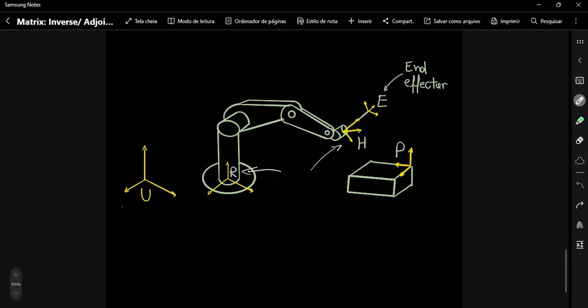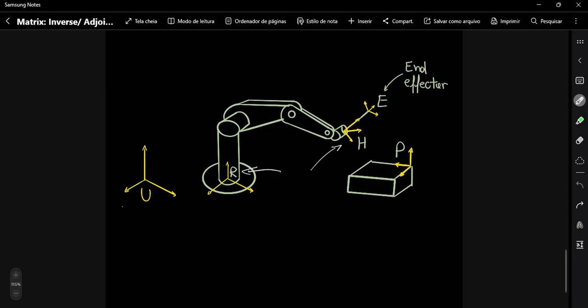Based on a text which is given to us, we interpret this text, and this way we have to be able to write the transformation equation that will describe the motion of this robot, the task that it has to perform to achieve its objective.